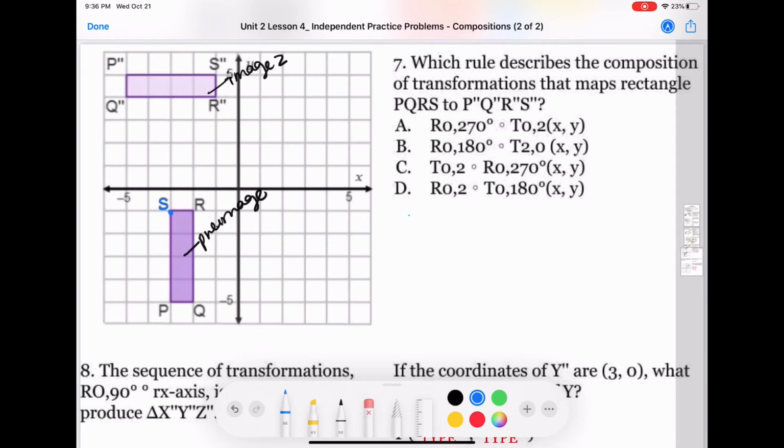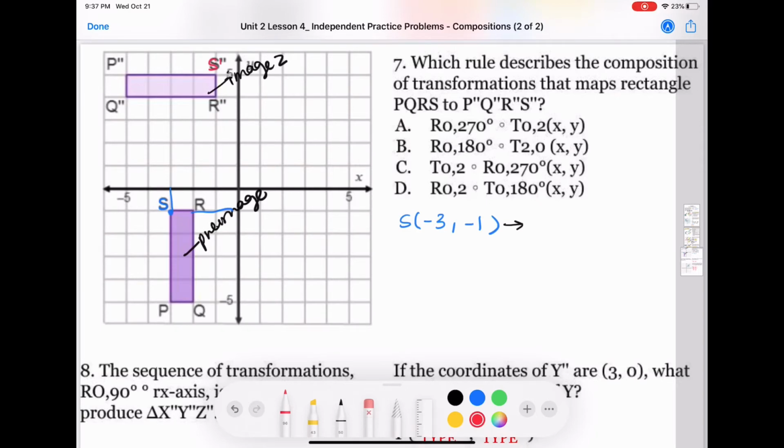The easiest way to go about answering this question is to identify a specific vertex on the pre-image. So here we have S, which is located at -3 and -1. And then identify where it is mapped to after the composition. So the composition has taken place on the coordinate grid, but we want to identify what the rule for that composition is.